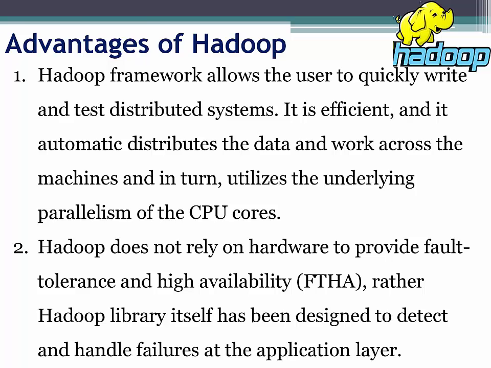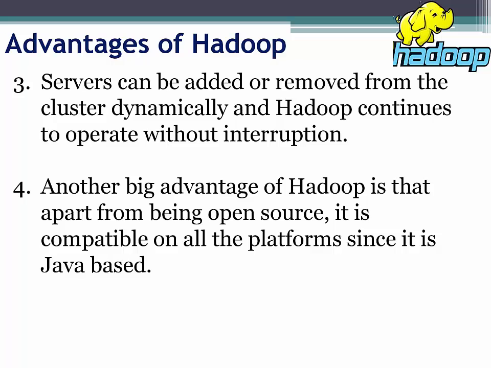Hadoop does not rely on hardware to provide fault tolerance and high availability, FTHA; rather the Hadoop library itself has been designed to detect and handle failures at the application layer. Servers can be added or removed from the cluster dynamically and Hadoop continues to operate without interruption. Another big advantage of Hadoop is that apart from being open source, it is compatible on all the platforms since it is Java-based.